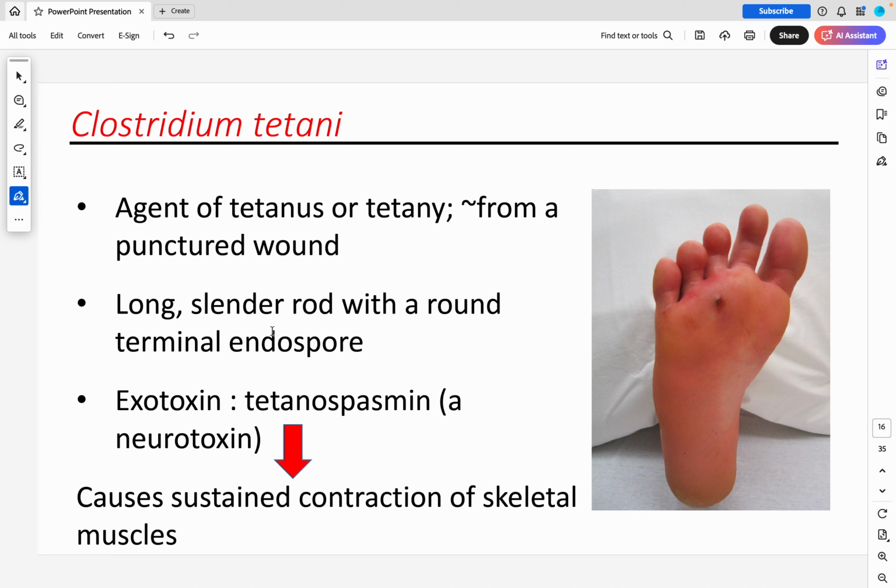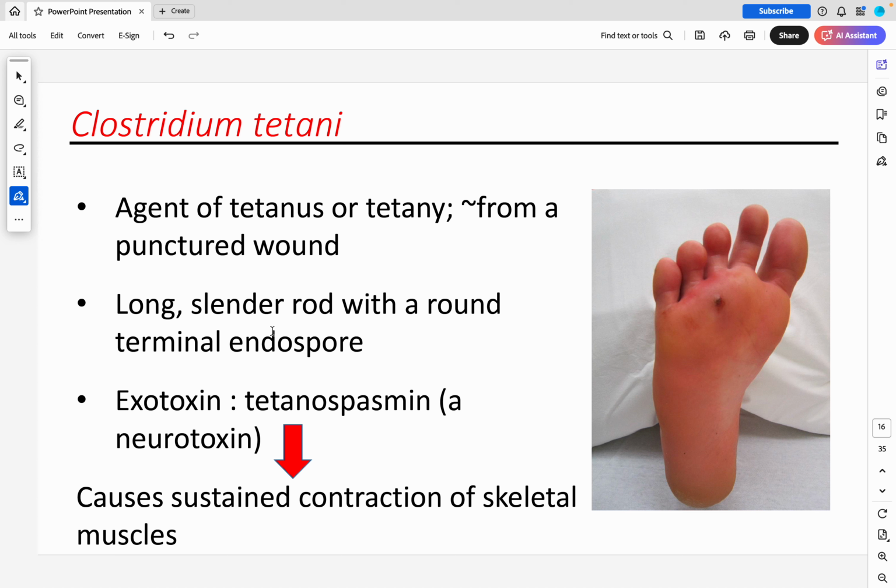Cellularly, the species appears as long, slender rods with a round terminal endospore. They secrete an exotoxin, a powerful neurotoxin, the tetanospasmin, which causes sustained contraction of skeletal muscles. So the skeletal muscles cannot relax.